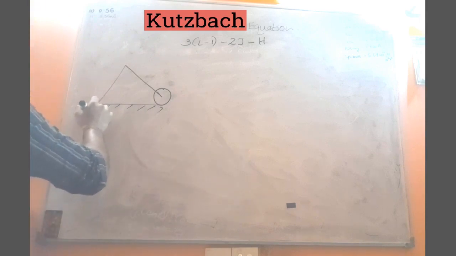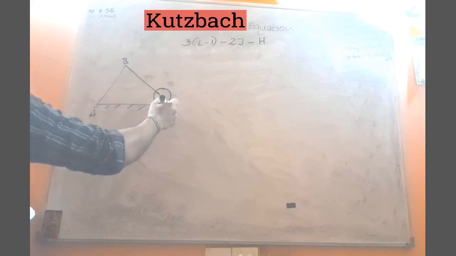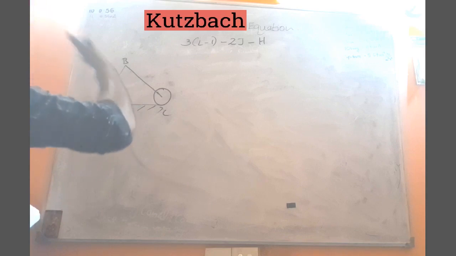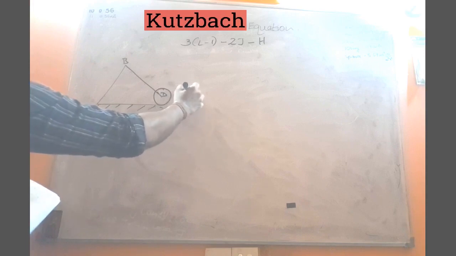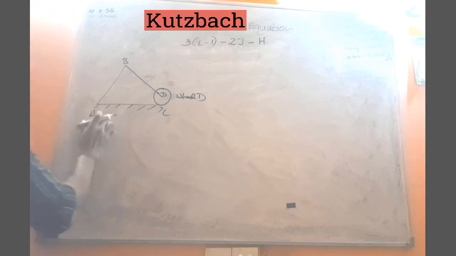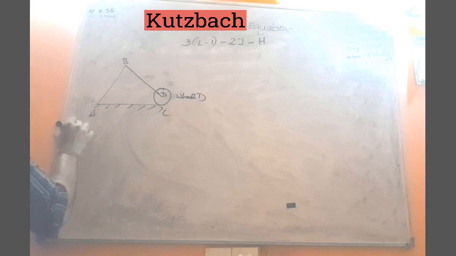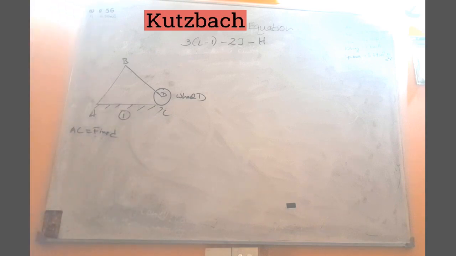Let's give it some names: A, B, C, and let's give a name to this wheel, D. Wheel D. Now this link AC is fixed, so we can give it the label 1, fixed link.